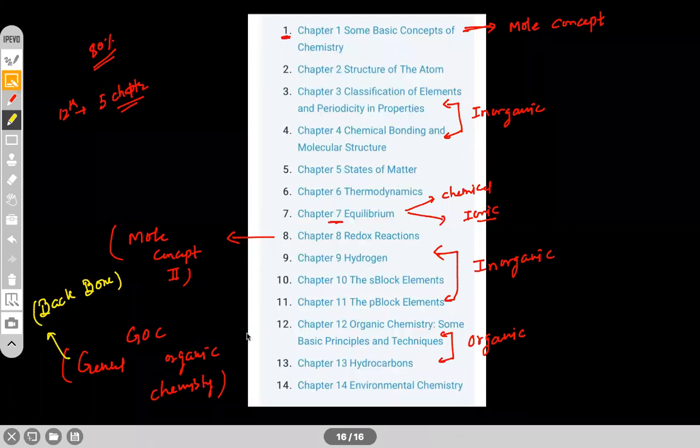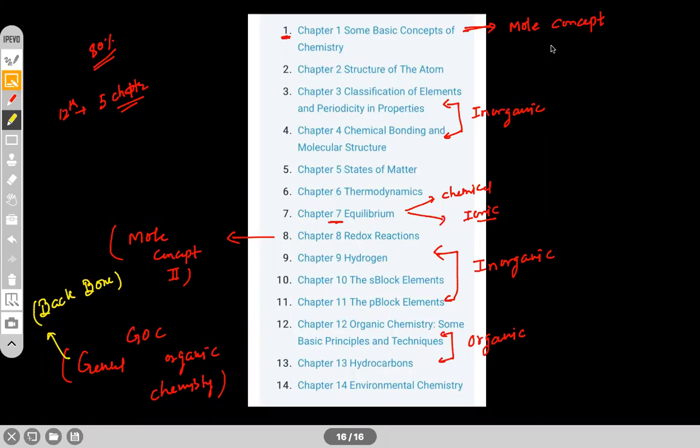Once you understand this, a little bit of things you can go through on your own. In school, they will never teach you a chapter called GOC, General Organic Chemistry, because it is not given in NCERT. A few concepts are given here and there in the book, but there is not a separate chapter. So I'm planning to take this up right after mole concept 1, so that you will have a base in organic chemistry.